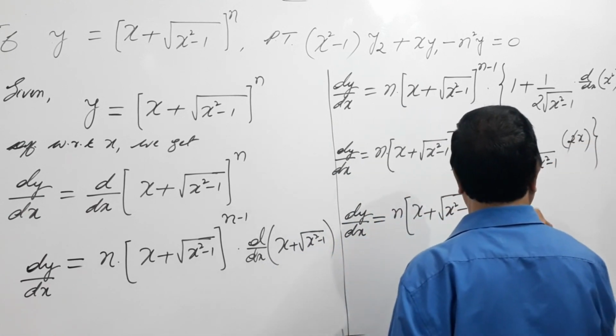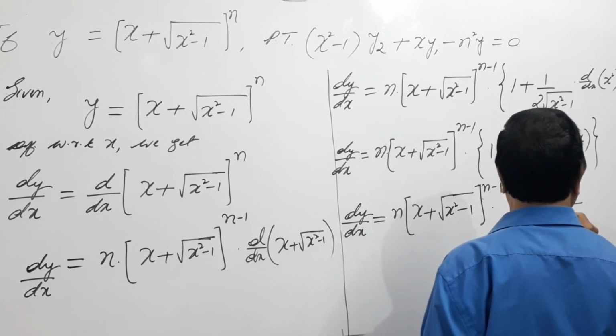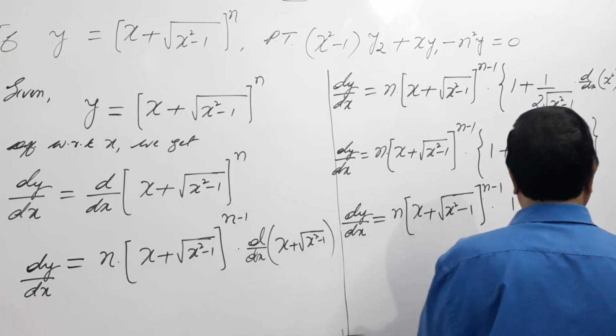You are left with 1 plus x by under the root x square minus 1.